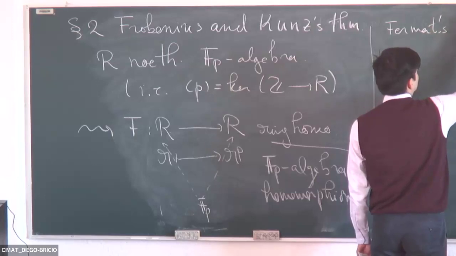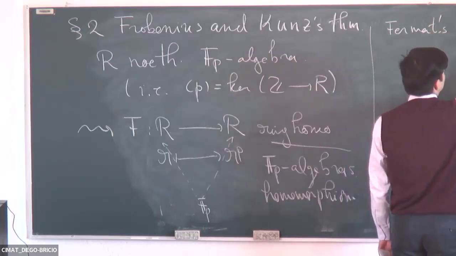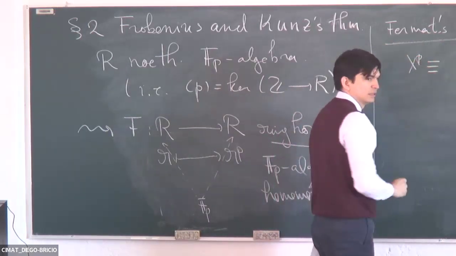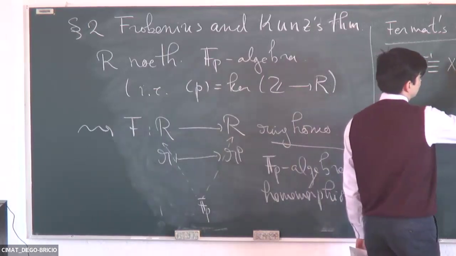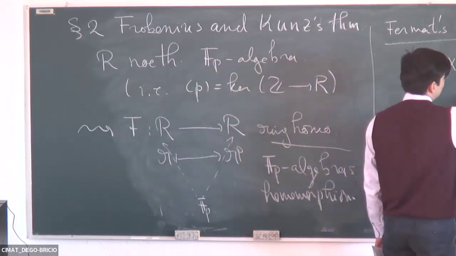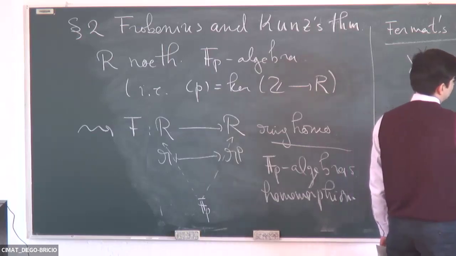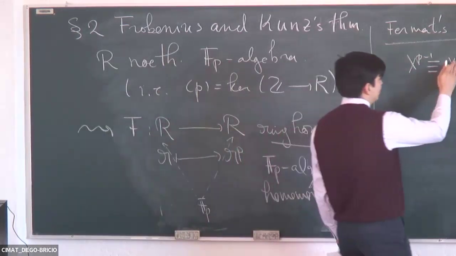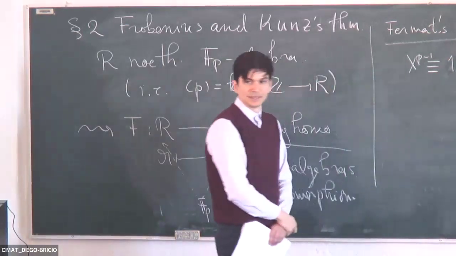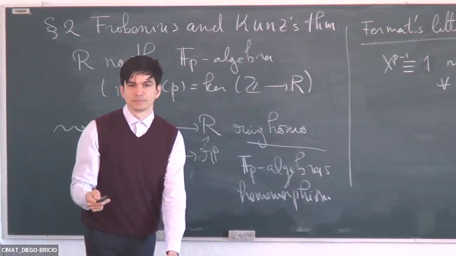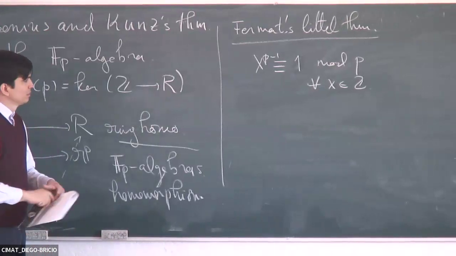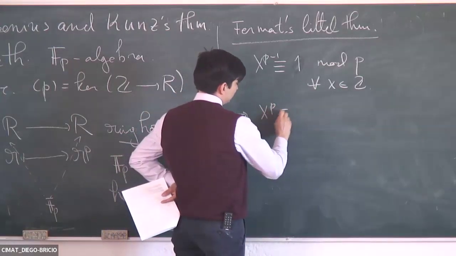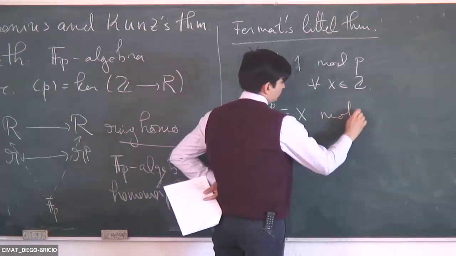It's called Fermat's little theorem or something like this, right? Little theorem says that x to the p minus 1 is congruent to 1 modulo p for all x in Z, not divisible by p. But you can say this means that x to the p is congruent to x modulo p.